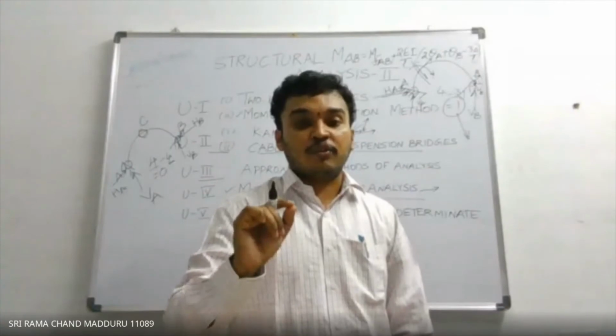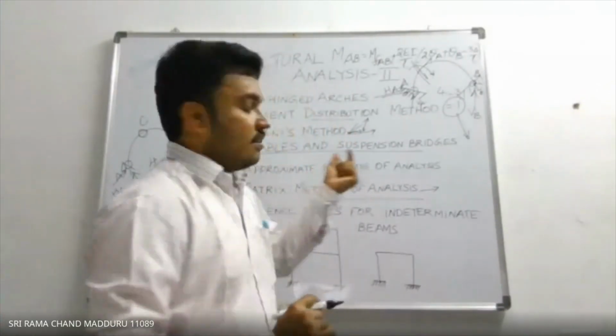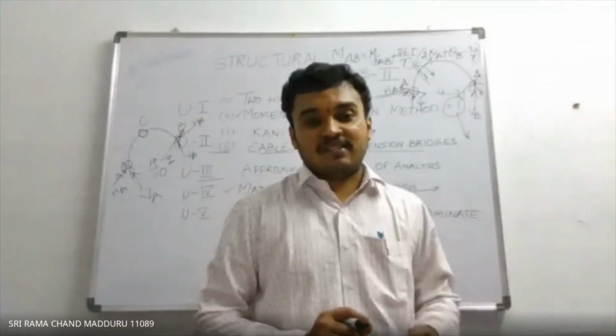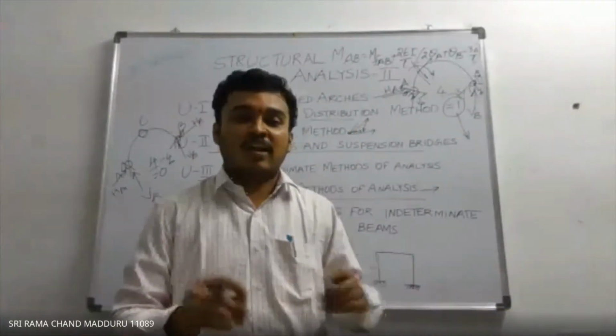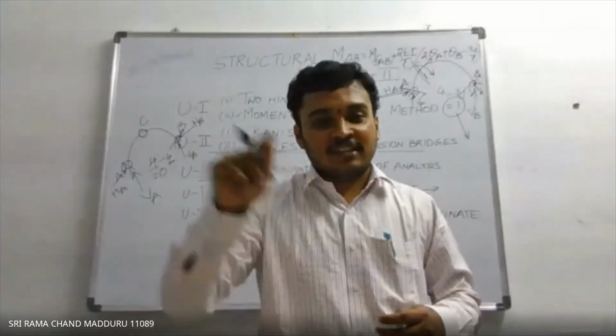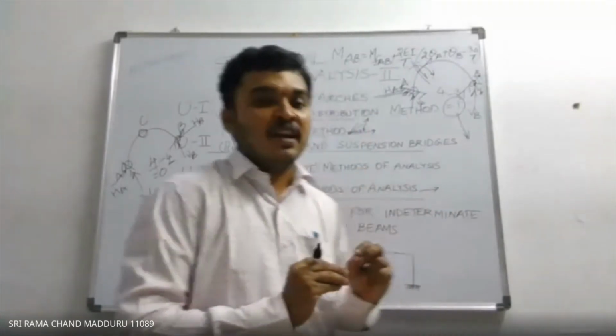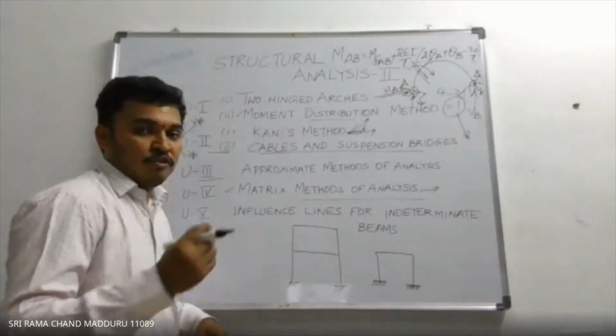These methods are useful to analyze our unknown reactions, unknown forces and moments, that is, reactions RA and RB, moments MA and MB. That basically I call unknown reactions or unknown forces.